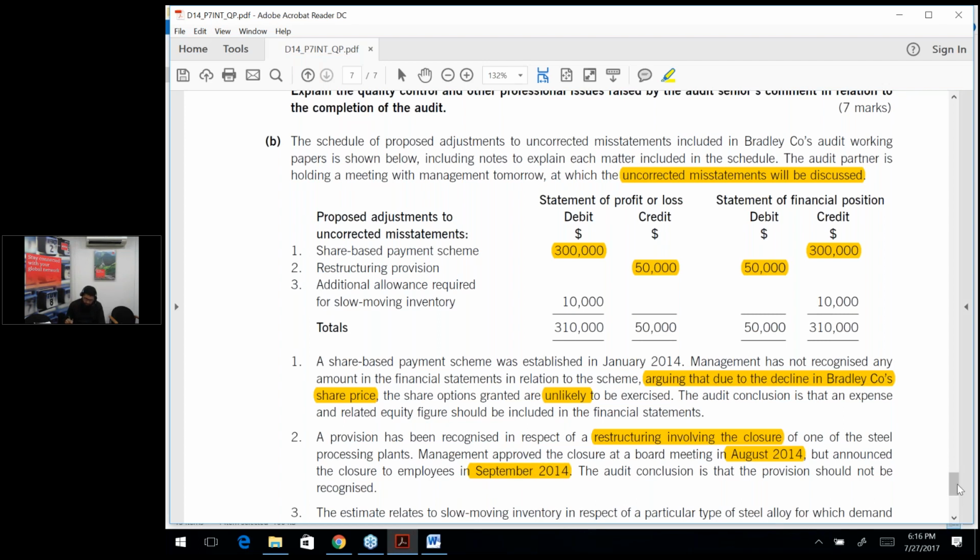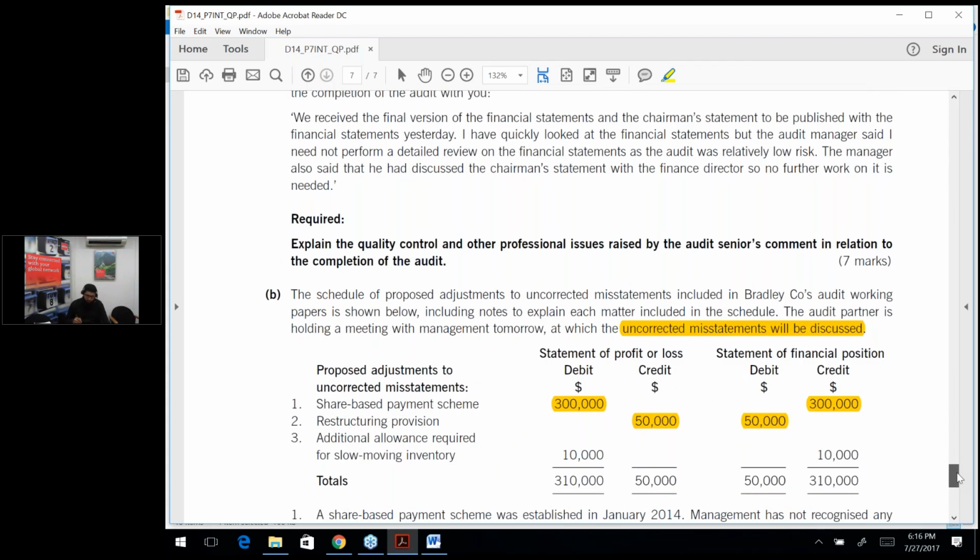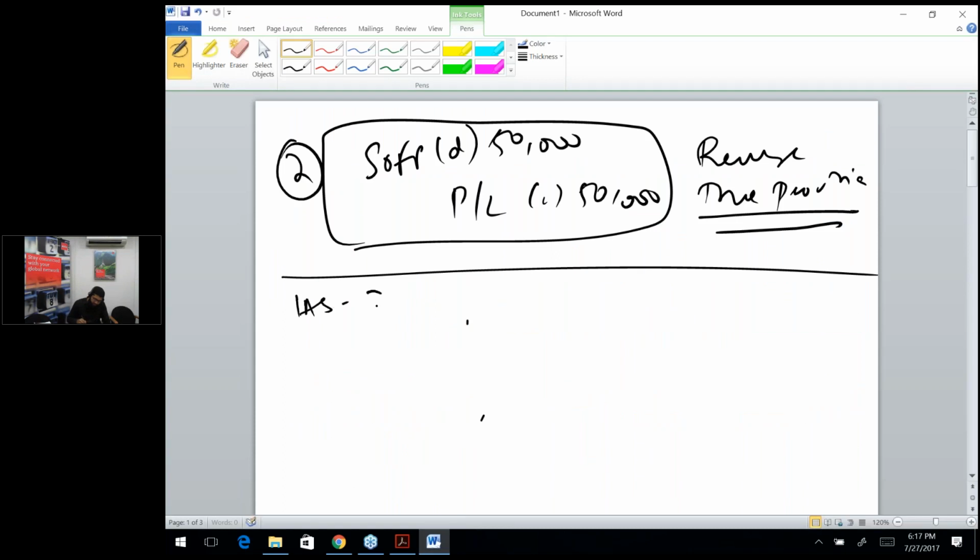Now, we are dealing with a year end of 31st August 2014. If you could recall a bit of IAS 37, the provisions, contingent assets and contingent liabilities, IAS 37 talks about restructuring.